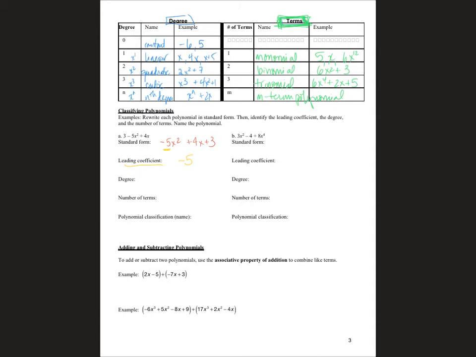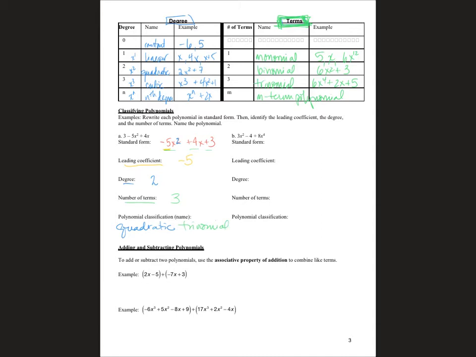The degree, highest exponent, is 2. The number of terms, 1, 2, 3. So if I were to classify that polynomial, I would again state the degree and the number of terms. So I would call this a quadratic because the degree is 2. And then I have 3 terms, so that would be trinomial. So this would be a quadratic trinomial.